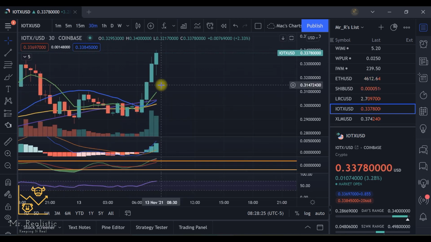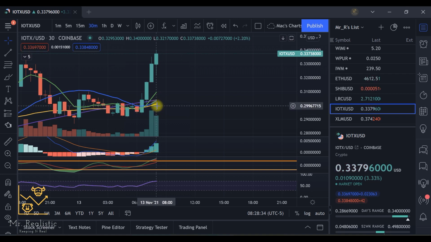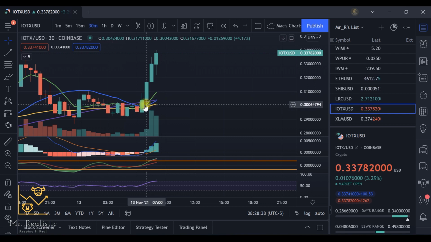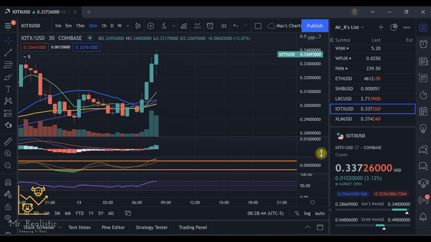All right, and then on the 30-minute, we're going to see the 21 come above the 200, okay, and then we'll see the 50 get closer to above the 200 as well. All right, notice that these are going in the upward direction, which is definitely what we want. MACD right here as well is nice.